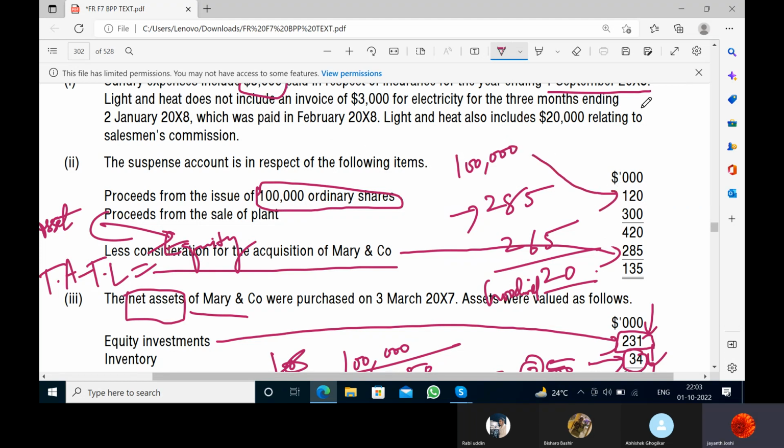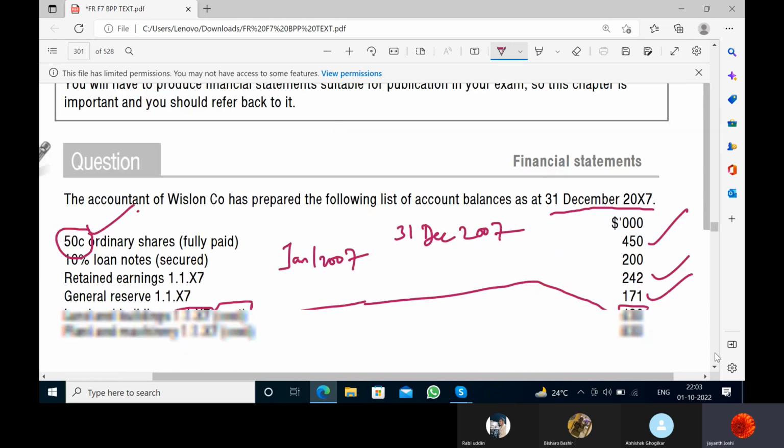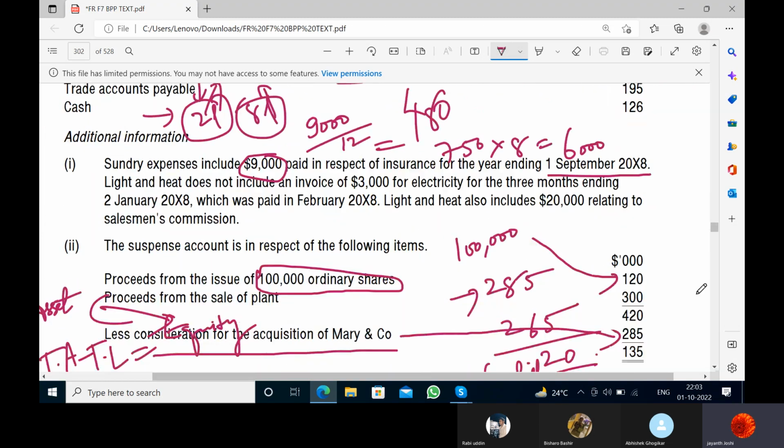What is the actual face value of each stock? If you see the balance sheet, 50 cent is the value of each stock. So in actuality, how much you should get and how much you got, we will see. 100,000 times 0.50 would be $50,000. This is what you should get. But you got $120,000. You got $70,000 extra.